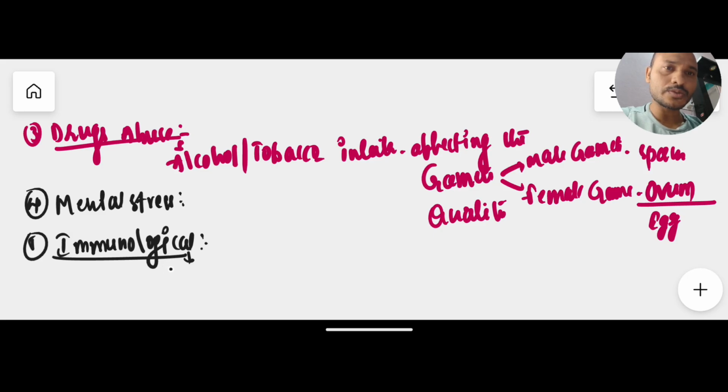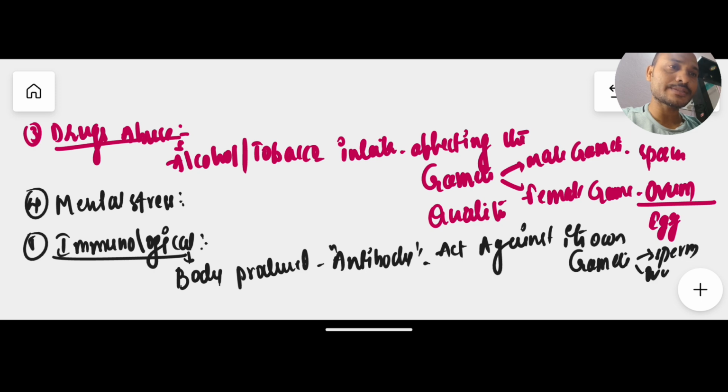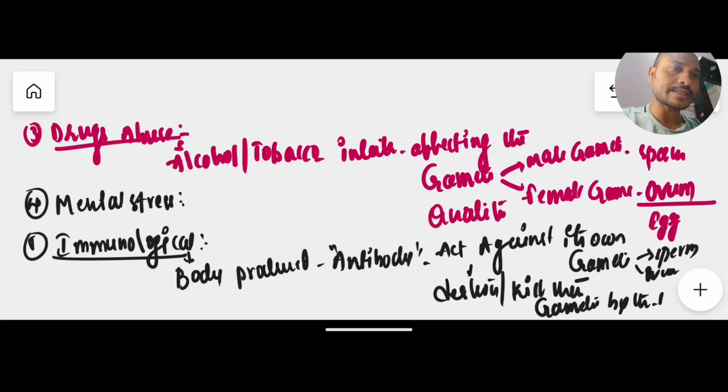Generally our own body produces antibodies against pathogens. Here the body produces antibodies which act against its own gametes, like sperm or ovum, and destroy or kill these gametes. All this destruction of gametes occurs before fertilization because our own body produces these antibodies. So this is one of the important reasons for infertility.